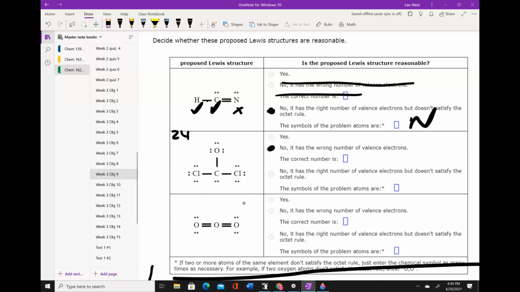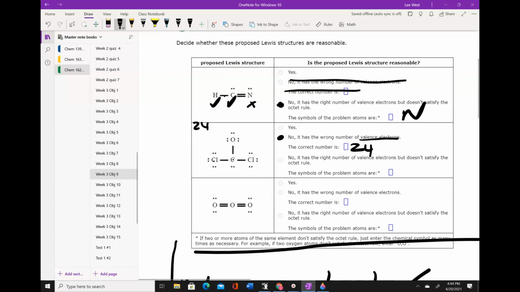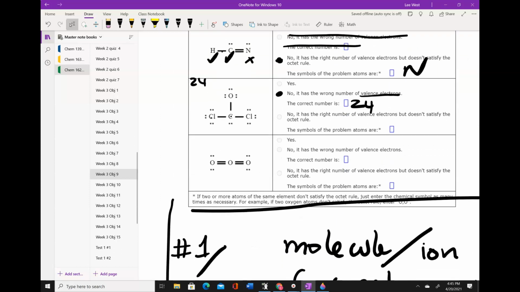Let's double check that we counted them up correctly to begin with. 7 plus 4 is 11, plus another 7 is 18, plus 6 is 24. So it has the wrong number of valence electrons. The correct number is 24. Okay. Let's go on to the next one.